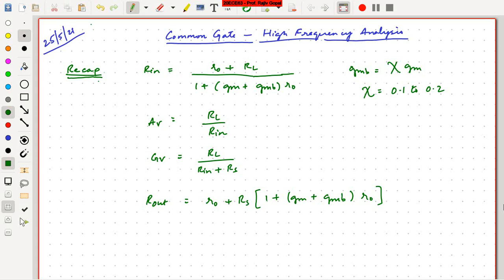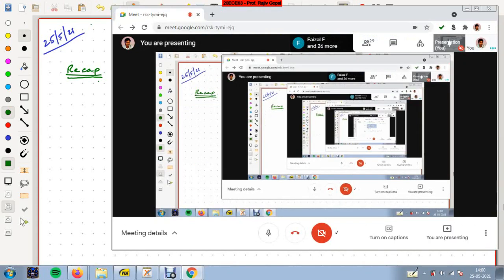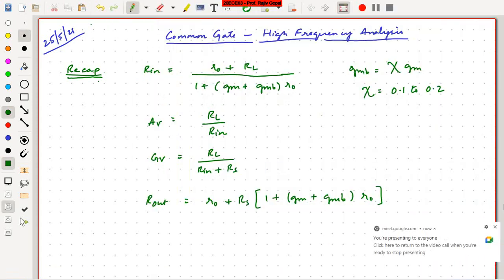All right. So we have derived three expressions, mainly speaking. Rn for the circuit, which is given by R naught plus RL divided by 1 plus GMB into R naught. If you make R naught infinite, then this Rn expression will reduce to 1 by GM plus GMB.